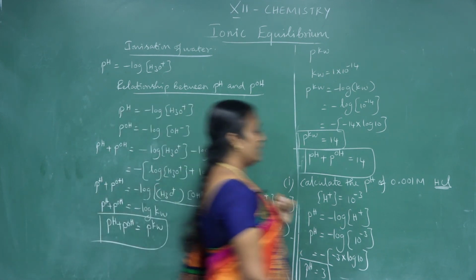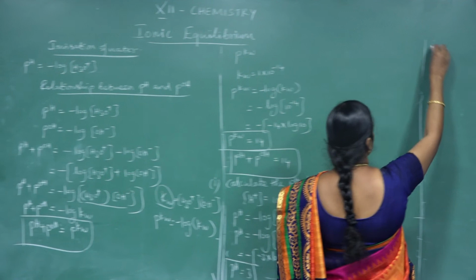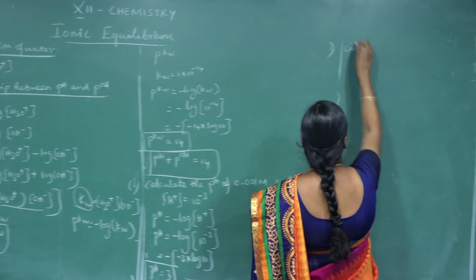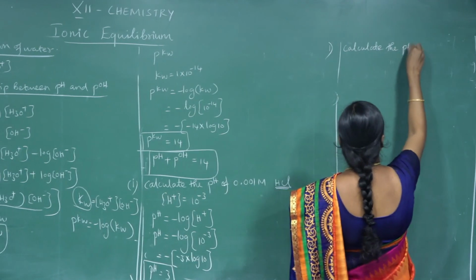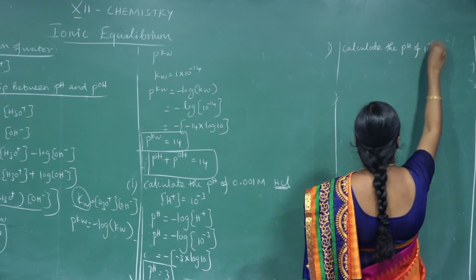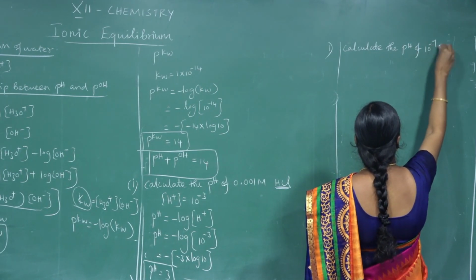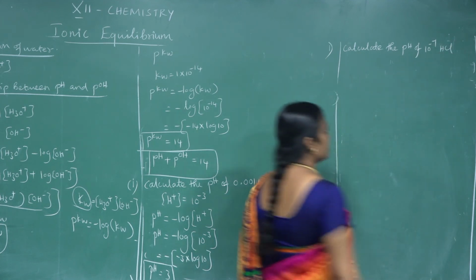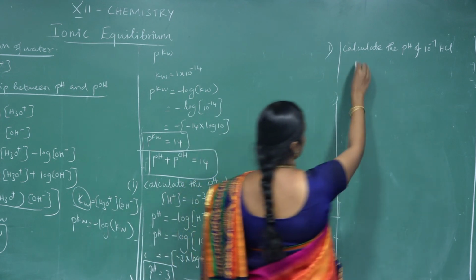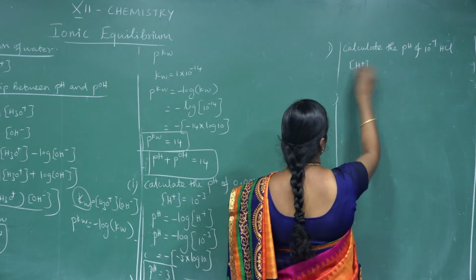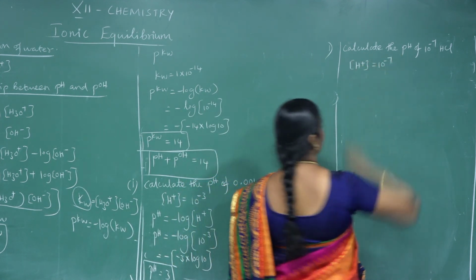Suppose I am taking one more problem. Calculate the pH of 10 power minus 7 molar concentration of HCl. So here I have given concentration of H plus as 10 power minus 7.